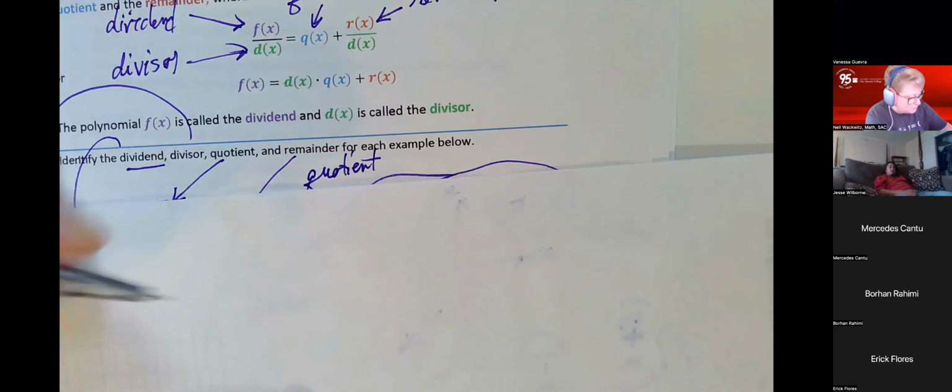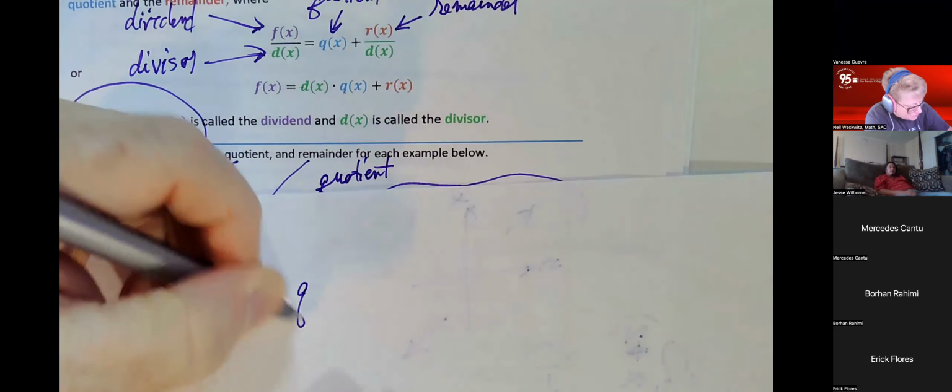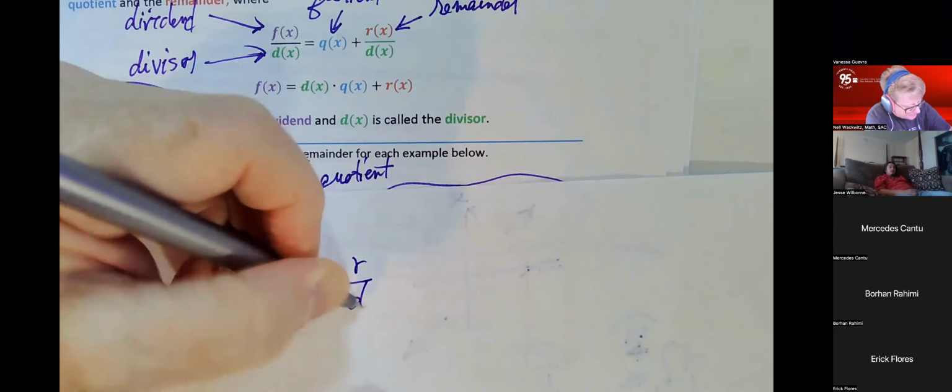Let's see, the two ways are F over D equals Q plus R over D. So let's do it that way.